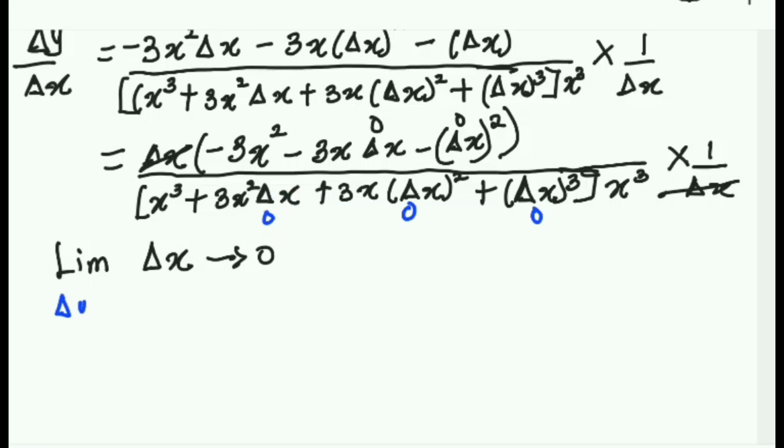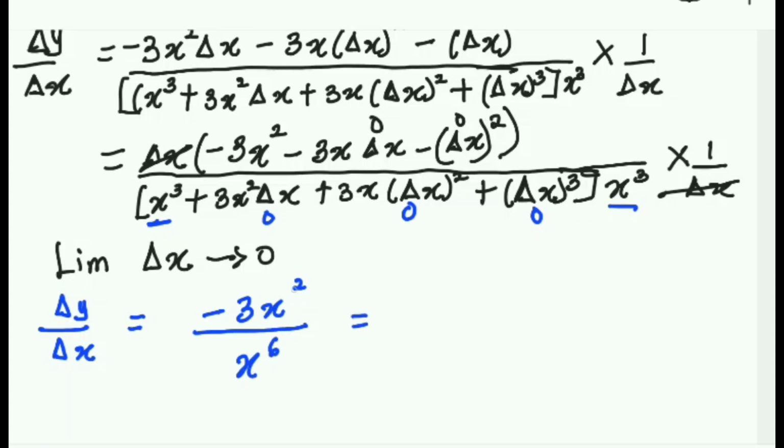So the change in y over change in x will be equal to minus 3x squared divided by, I'm left with x cubed times x cubed, and that's x raised to power 6. And finally, x squared cancels out with x here, so I have minus 3 over x raised to power 4. And so the value here is minus 3 divided by x raised to power 4.